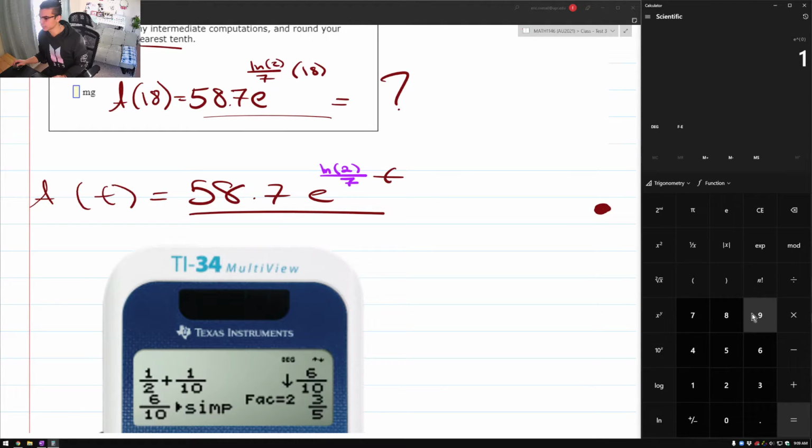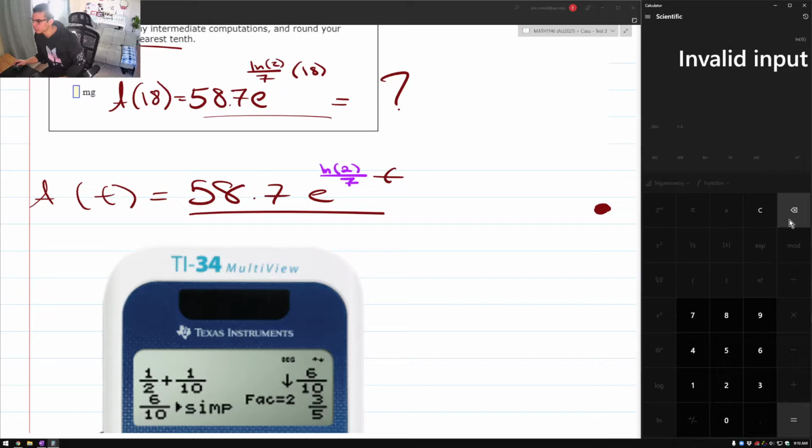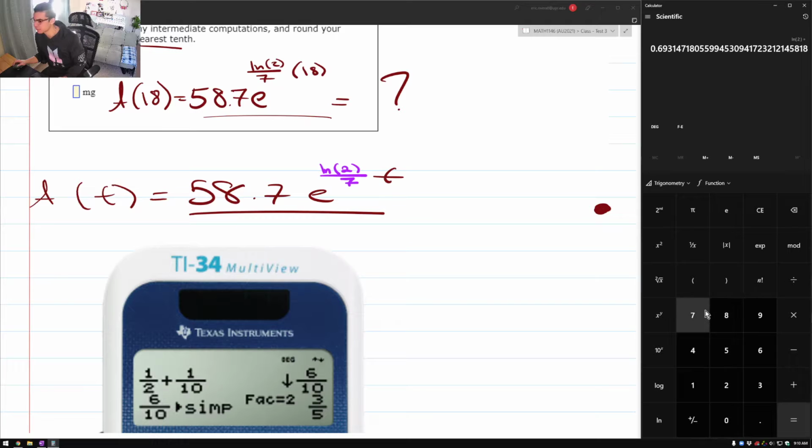So what I'm going to do first is set up natural log of 2 divided by 7 times 18. So t is 18. I need to put first 2, natural log, all this divided by 7, enter. That is the value of natural log of 2 divided by 7. All that multiplied by 18. So that's my exponent.